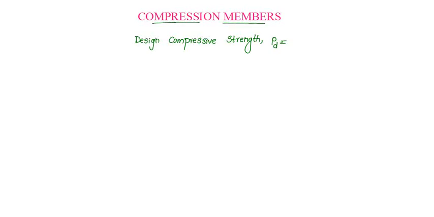Compression members design compressive strength Pd is given as Ae into fcd, where Ae is effective area.